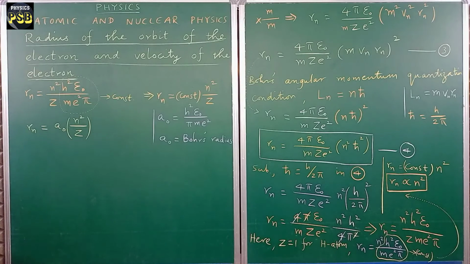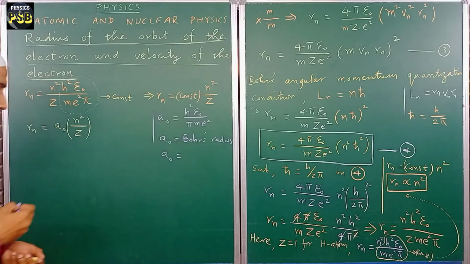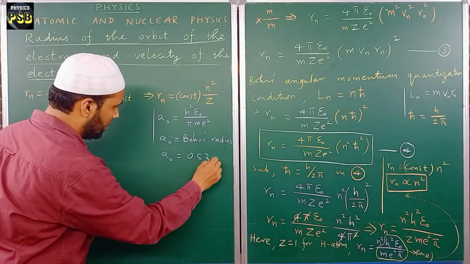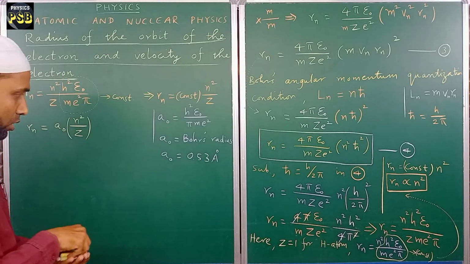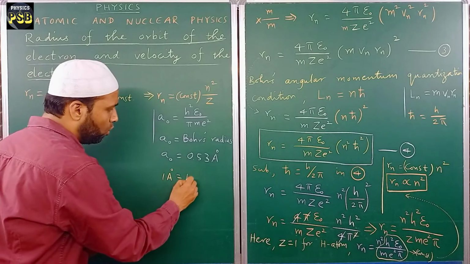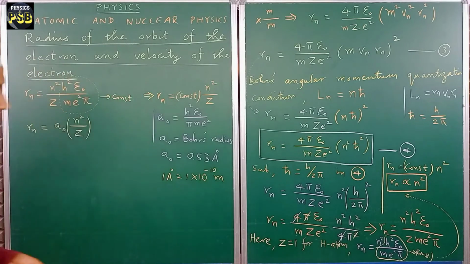Clear? And here Bohr's radius has a value equal to 0.53 Angstrom. Here for your information, 1 Angstrom equals 1 into 10 power minus 10 meter.